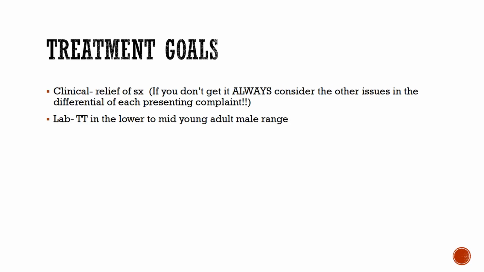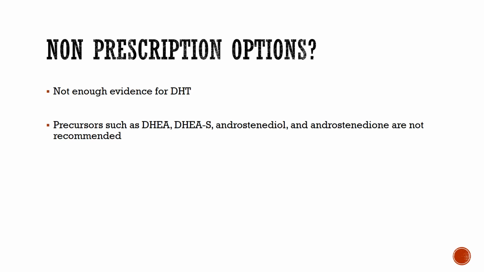Basically, you just want to get their symptoms better, their energy level, their libido, all of the things that they were complaining about. Are there non-prescription options? DHT is not really available here in the United States, but 5-alpha reductase inhibitors like finasteride should increase DHT some. Obviously, though, that's really not going to be a treatment for low testosterone.